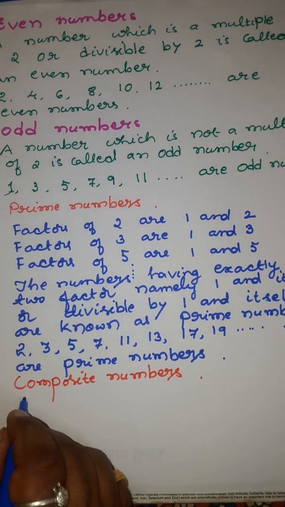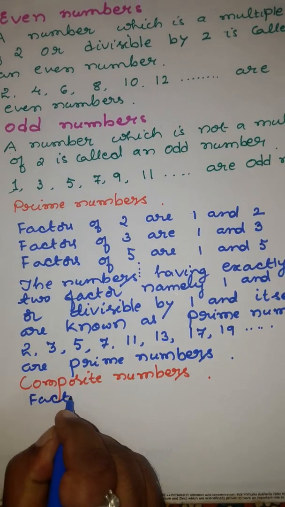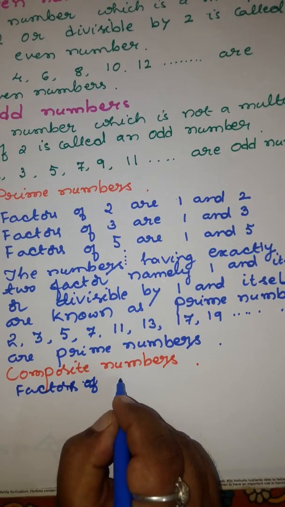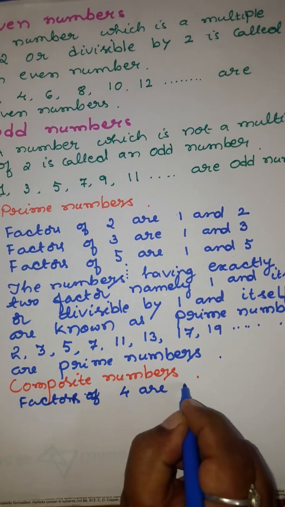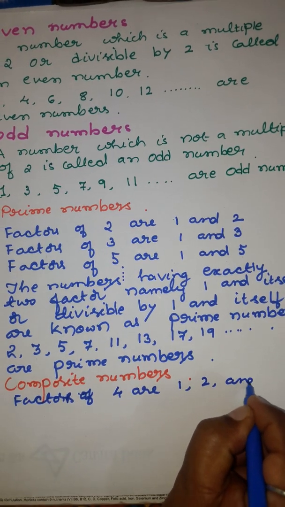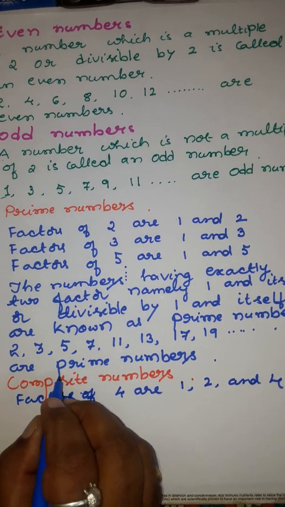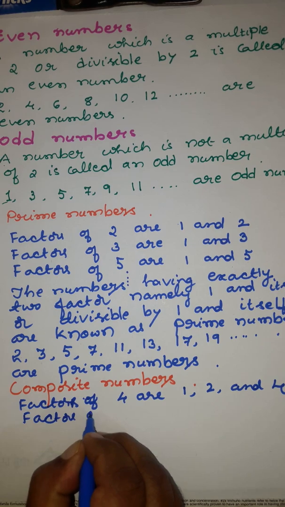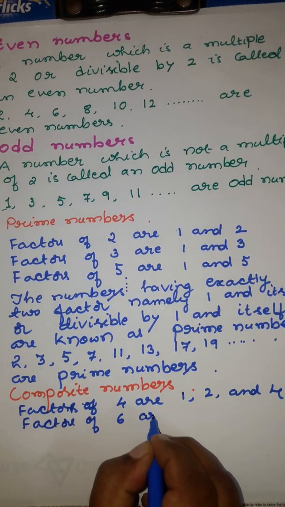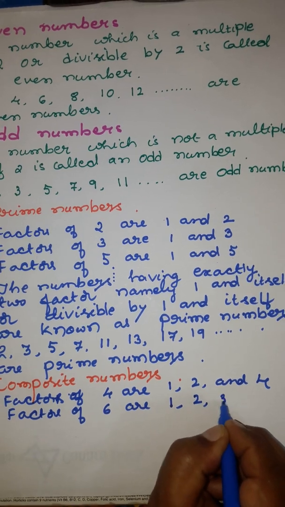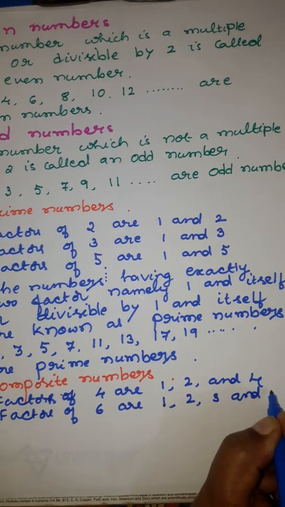Now observe the factors of 4 are 1, 2 and 4. Factors of 6 are 1, 2, 3 and 6.